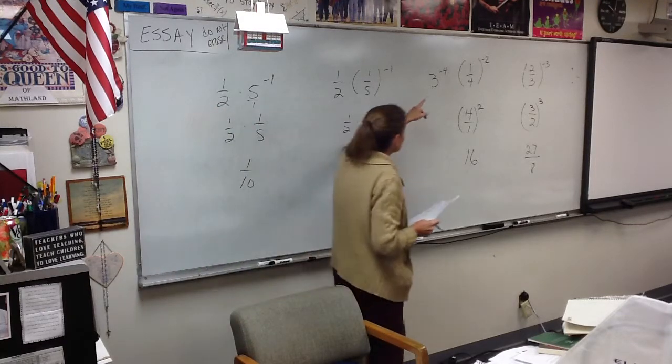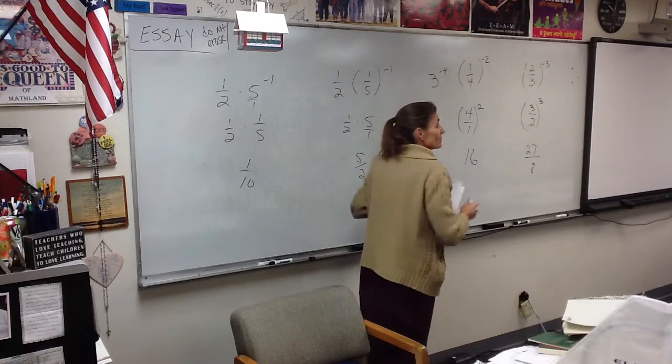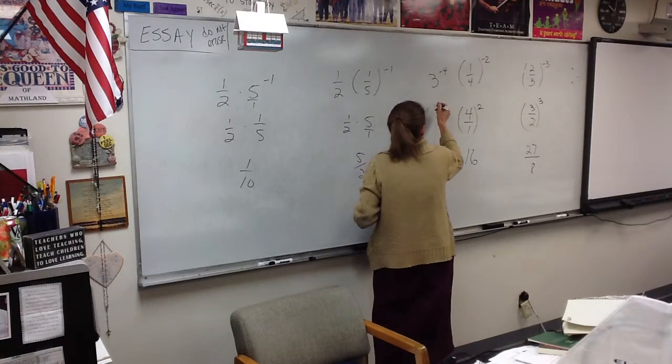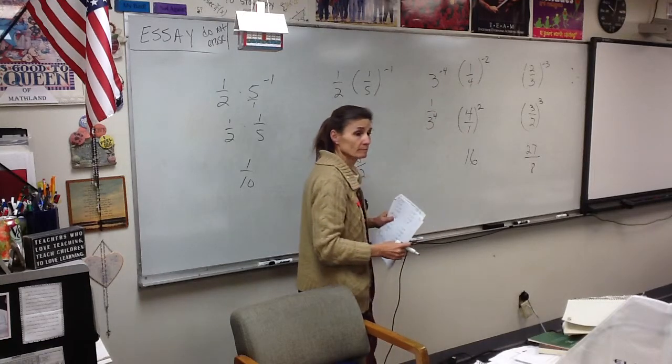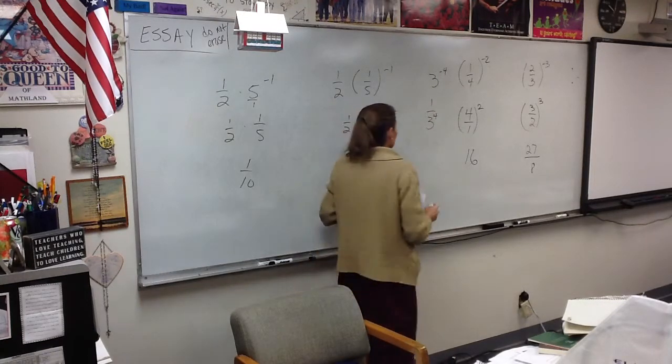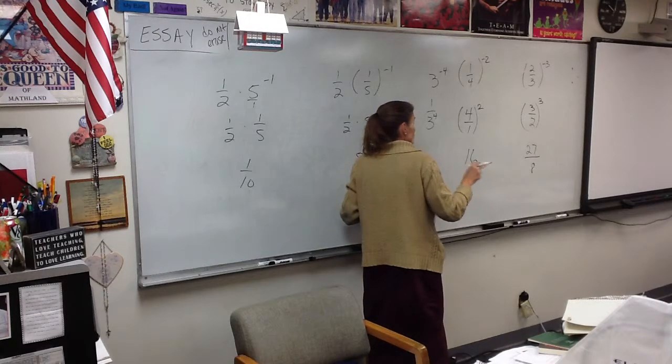And then I squeeze this one in here, 3 to the negative 4th. 1 over 3 to the 4th. 3 times 3 times 3 times 3.